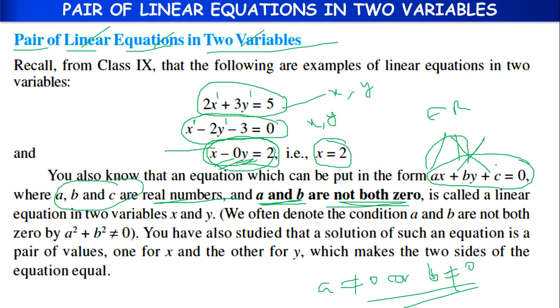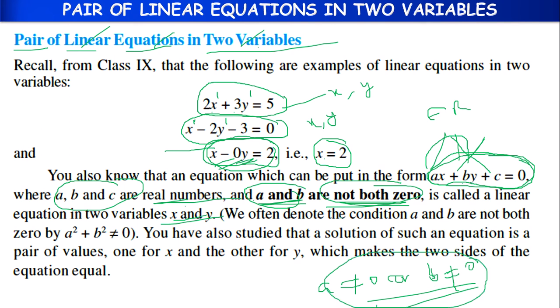So the equation which is in the form of ax plus by plus c equal to 0, where a, b, c are real numbers and a and b are not both 0, is called a linear equation in two variables x and y. This condition, a and b are not both 0, can also be represented as a square plus b square is not equal to 0. This will be 0 only if both are 0. So indirectly we are saying the sum of squares of a and b should not be equal to 0, which means either a is not equal to 0 or b is not equal to 0.